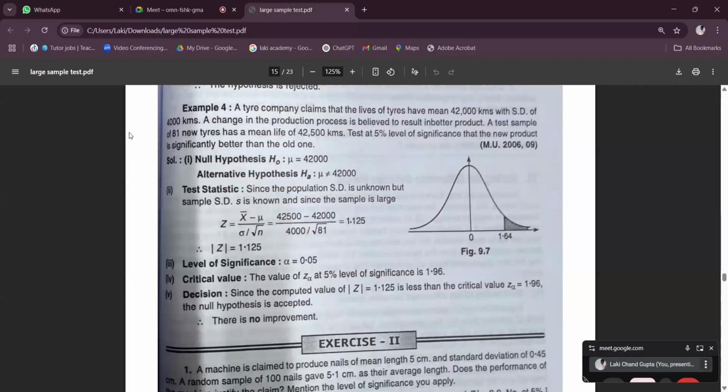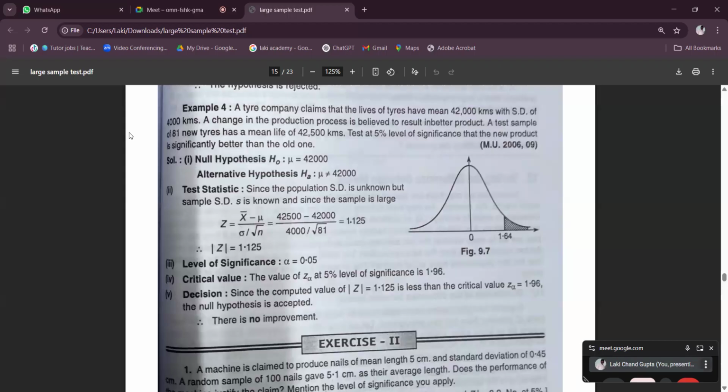I think you understand the concept of the Z test, large sample test, right? Okay. Which is less than 1.96.